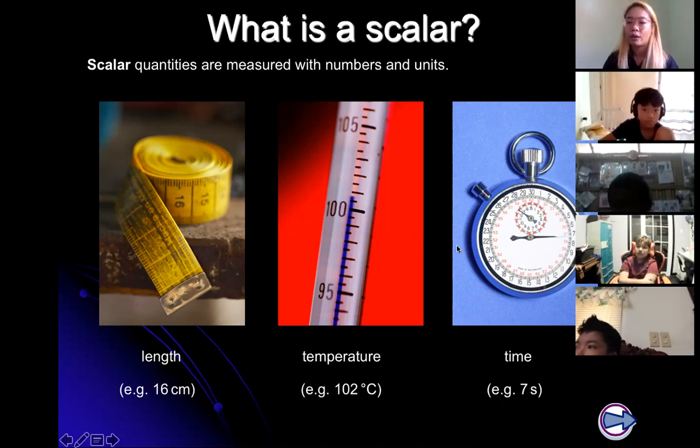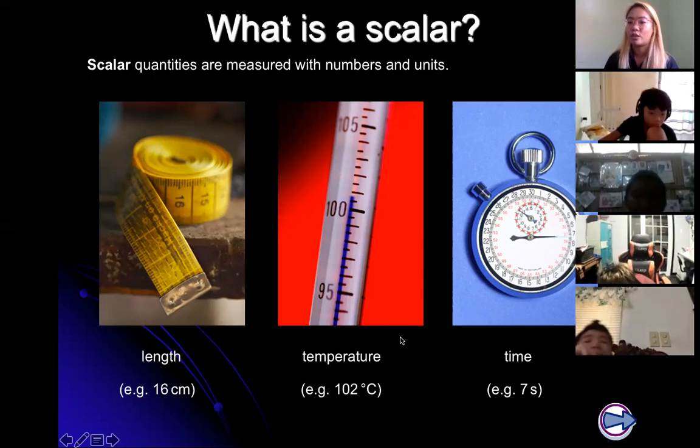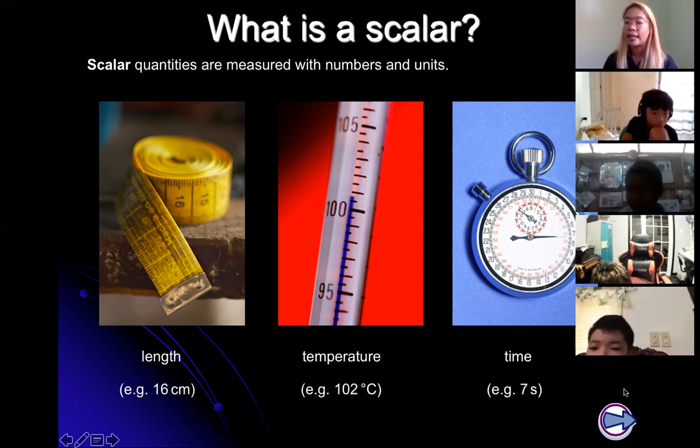Another example of a scalar quantity is temperature. There are 3 units of measurement for temperature. We have centigrade, Fahrenheit, and degree Kelvin. Most commonly in the Philippines, our unit of measurement for temperature is in terms of centigrade.